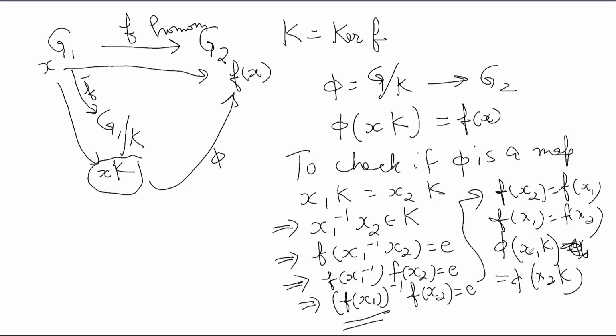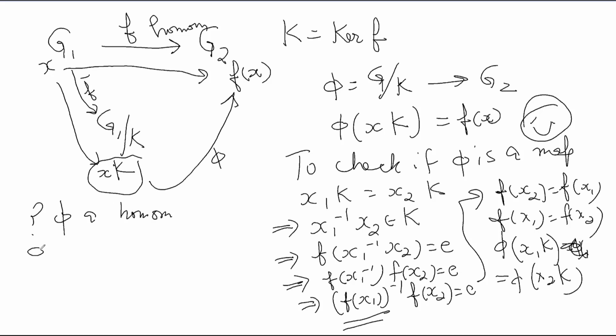So phi is a map, all right. That answer is, of course, yes, we did realize phi is a map, right? Now, remember this, we are just addressing a curiosity whether phi is a homomorphism. So there is a question, is phi a homomorphism?